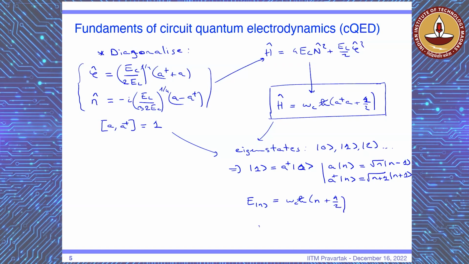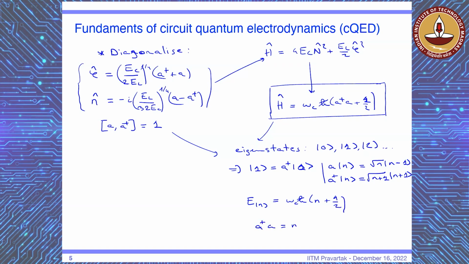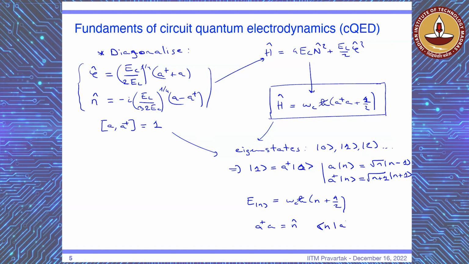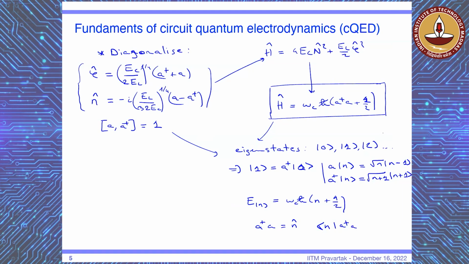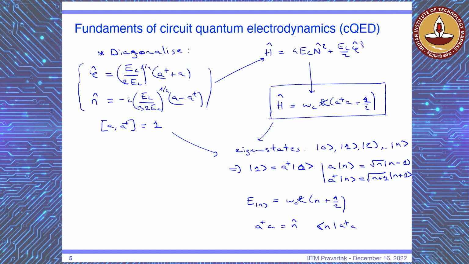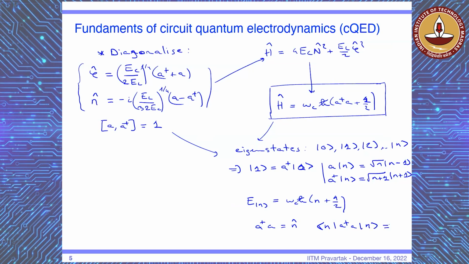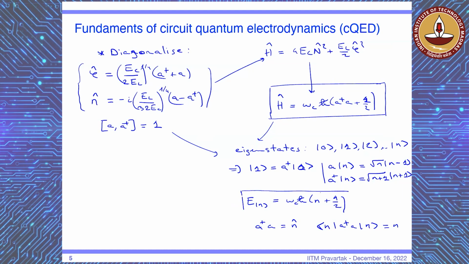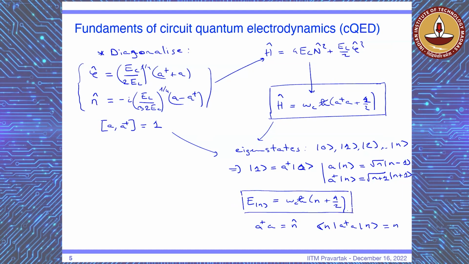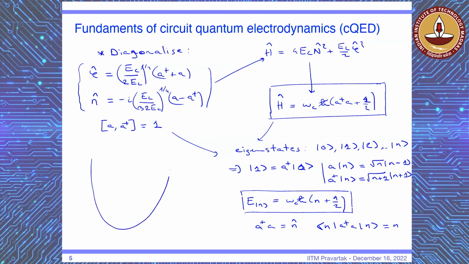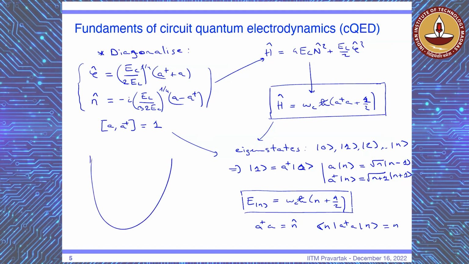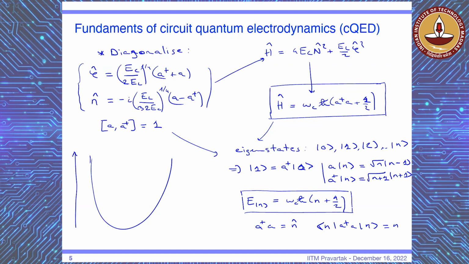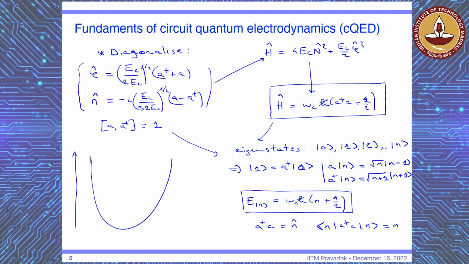That just comes from the fact that A dagger A is just the operator for the number of charges. So if I sandwich this operator A dagger A over one of my states, let's say my state n, you just get n, the number of excitations. So these are basically my excitations and basically the nature of the quantum information in these quantum circuits, these quanta.